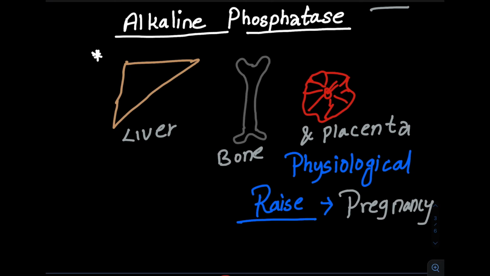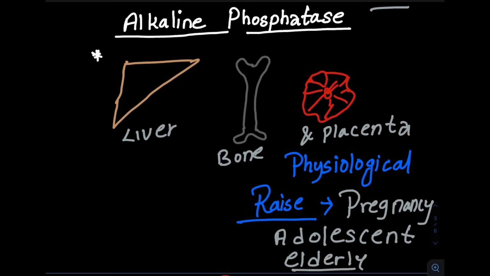Similarly, it rises when there is high bone turnover, such as in the adolescent period or even in elderly people. So there is a physiological rise in the level of alkaline phosphatase, or ALP. But one important concept to keep in mind is that the physiological rise is always less than 4-fold.